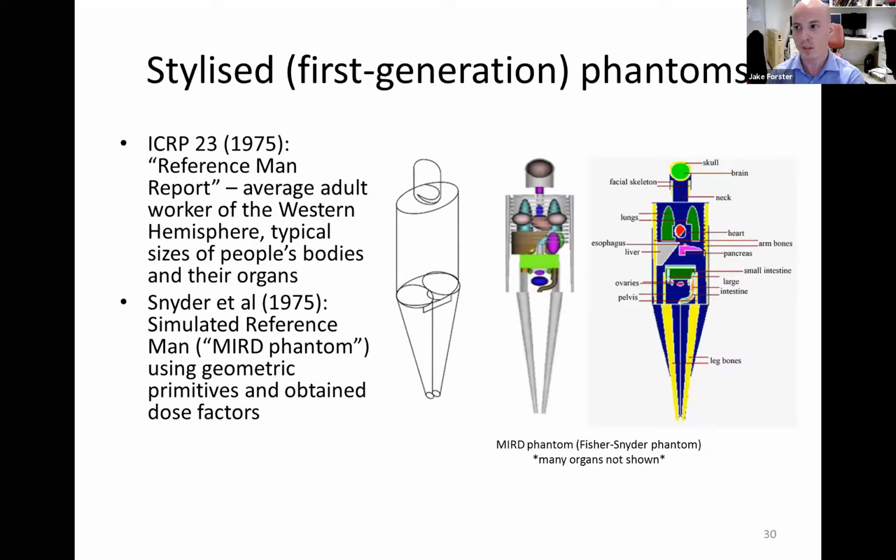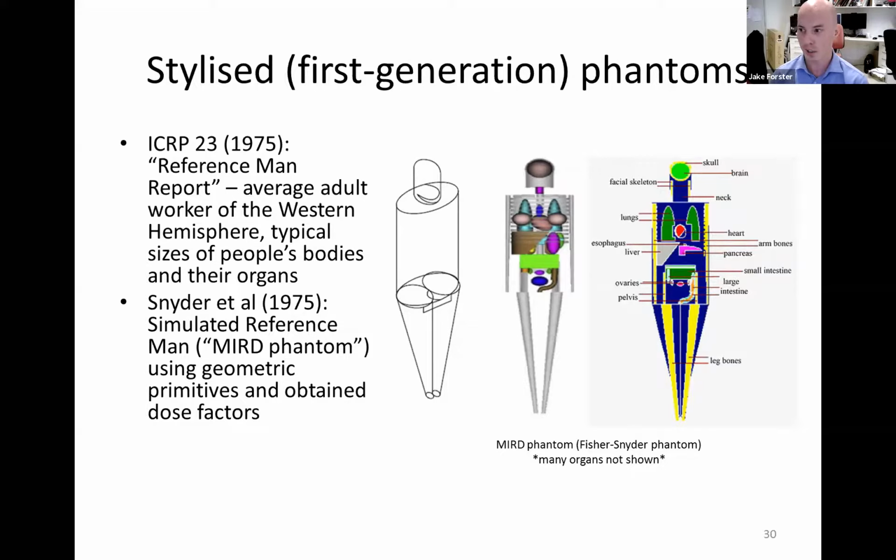But I think the cooler thing about these Monte Carlo simulations is actually the phantoms, so the geometry side of things. The first ever dose factors were calculated for these stylized phantoms by Snyder et al. in about 1975. And these phantoms use what's called geometric primitives, which basically just means all the shapes you're familiar with, like cones, spheres, ellipsoids, cylinders, things like that.